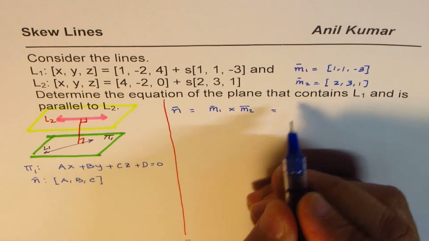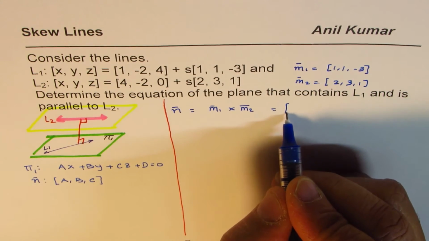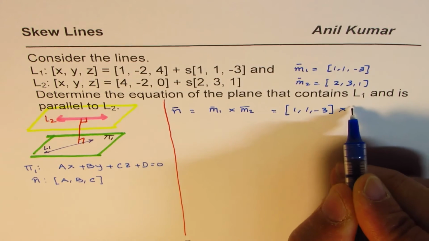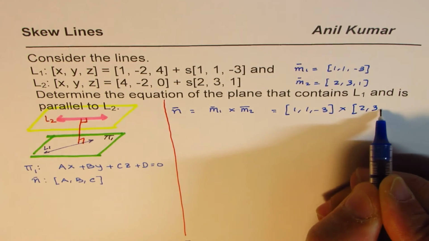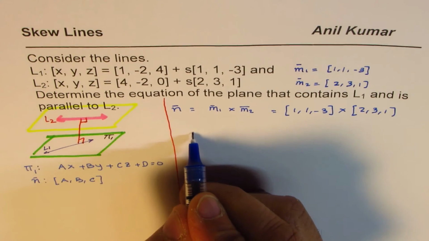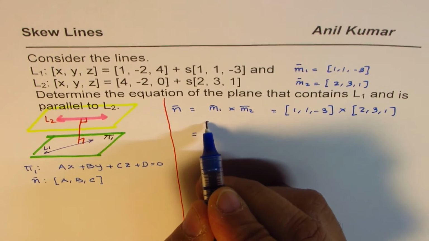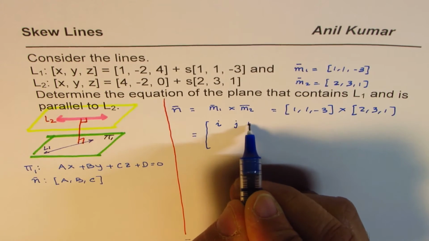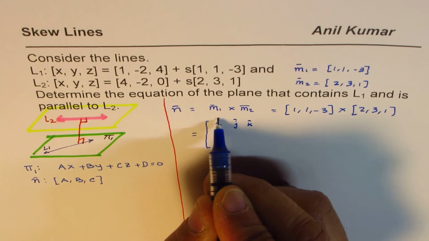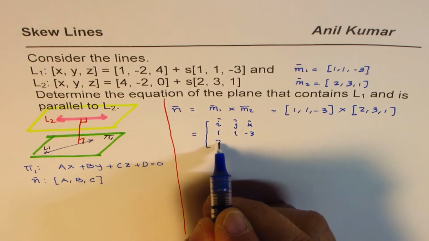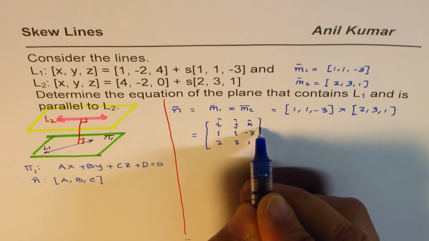So the normal vector will be the cross product of these two, which is (1, 1, -3) cross (2, 3, 1), right? Now to do this cross product, you can adopt the method you have learned. I prefer to use this matrix method. So we have i, j, k, these are the unit vectors, and then we have 1, 1, -3 and 2, 3, 1.